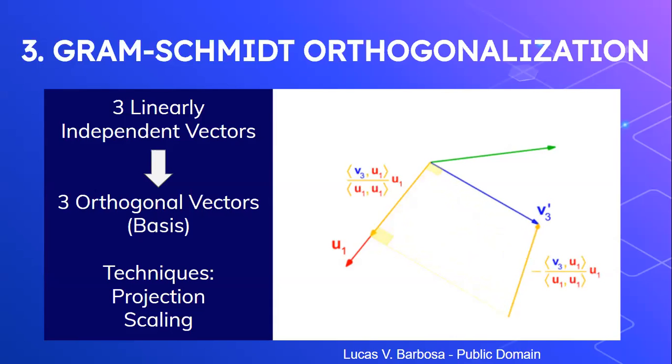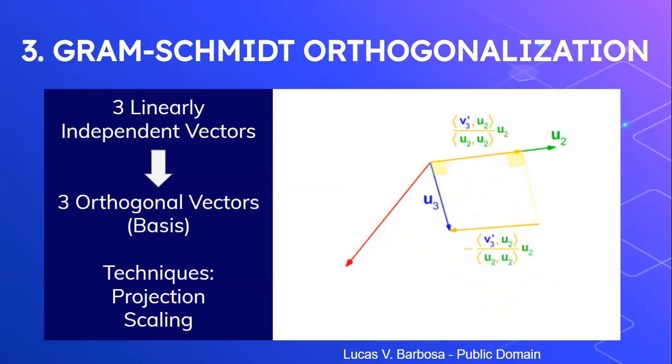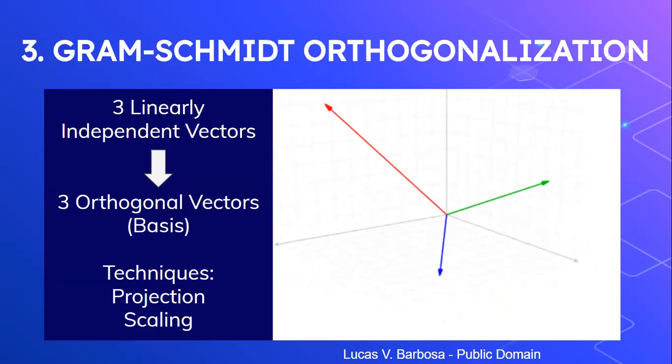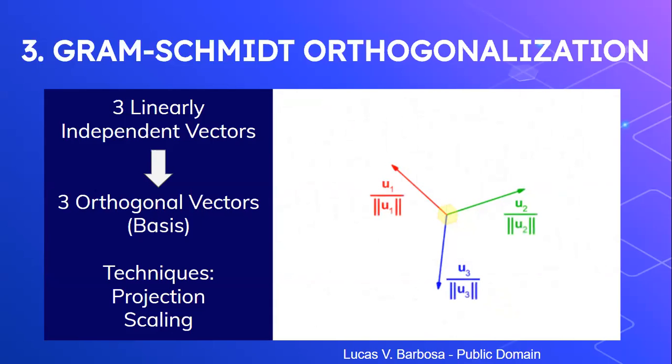And so what this paper does is it does this for n many vectors. So it just expands the method, and then it also does it for matrices instead of vectors. So it treats the matrices as vectors and does the projections and the scaling with those.